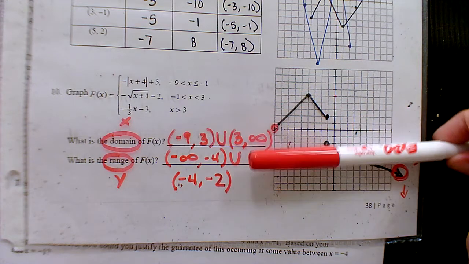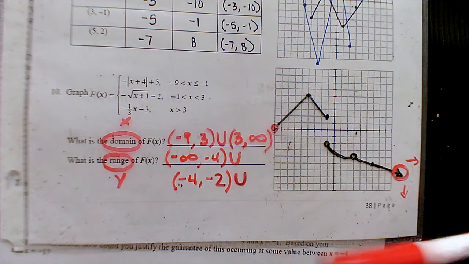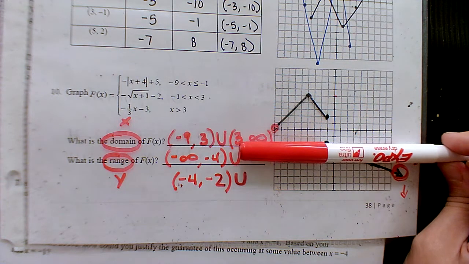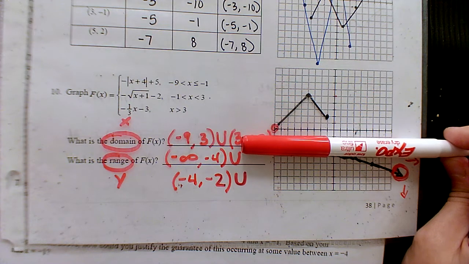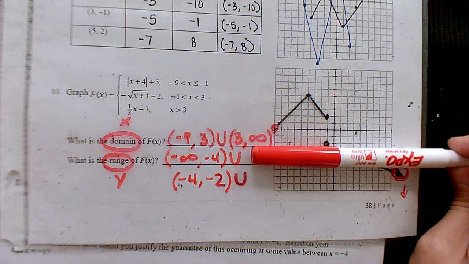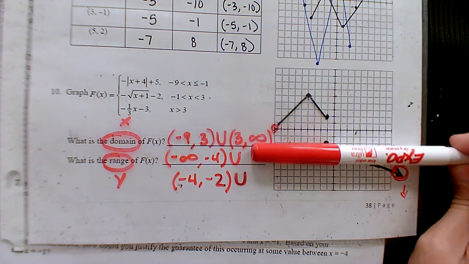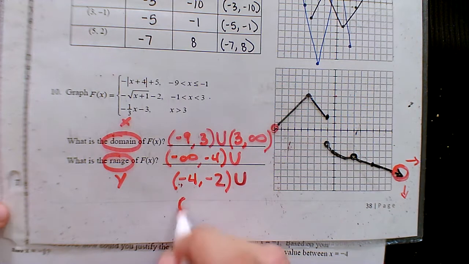We clearly have more graph to trace. So we need another union symbol. We're going to have another interval. So right now our pencil's at -2. As we continue to drag, we have to ask ourselves, where does the graph begin again? Lainey, this was the one that you said previously. Okay, it's going to start at 0.